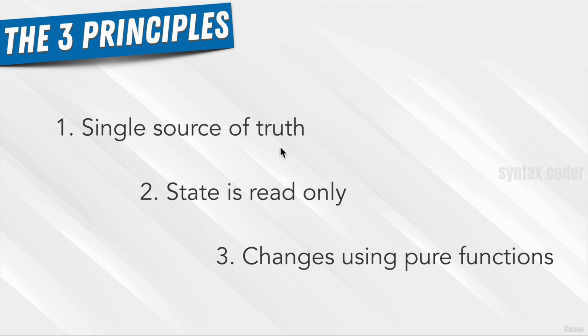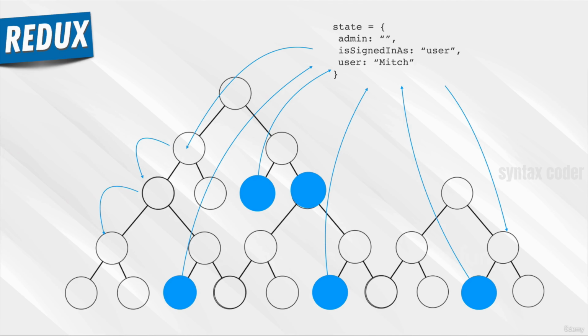And this is a fancy way of saying that we have one single big object that describes the entire state of the app. Remember this? We had one massive state object that describes everything within our app. So we have our single source of truth. Because React reacts based on whatever the state is, we can just have one big object that describes how the app should look, and React will take care of it.